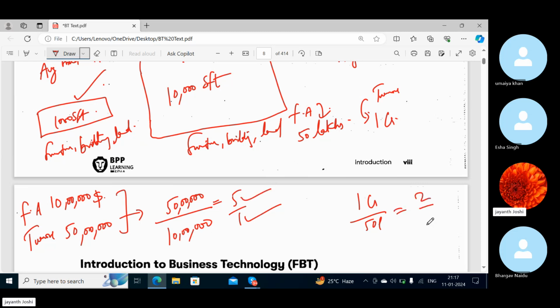There it is 2 upon 1: $1 of investment in my fixed assets is giving me $2 of revenue. Now you tell me which business is better, where more efficient utilization of resources is happening. Come on, tell me now, please. The first one or second one? First one. That's right, the first one is a better one, right?